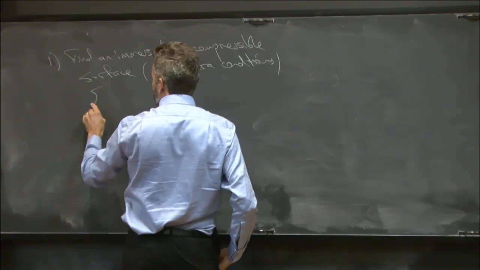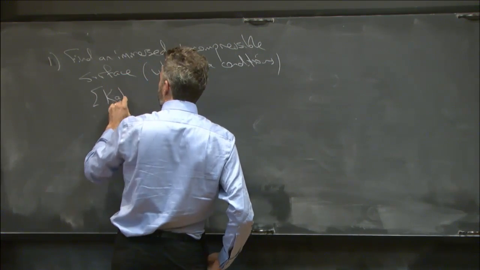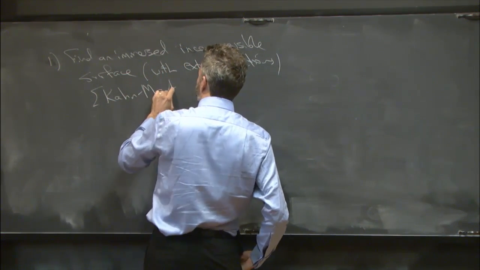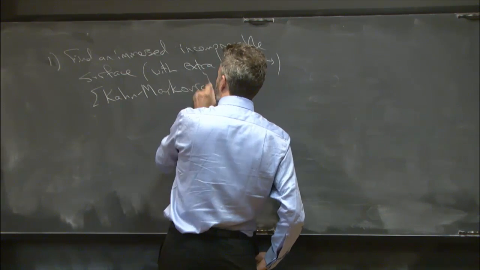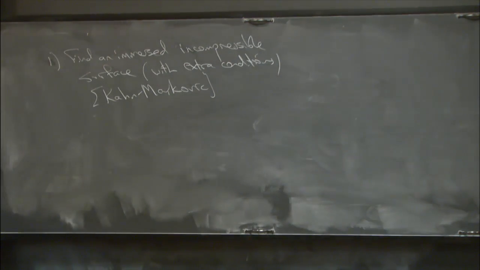And this was done by Kahn and Markovic. Here incompressible just means π1-injective: a map from a surface into the manifold that's π1-injective in this context. And the extra conditions you can ask Jeremy and Vlad about.